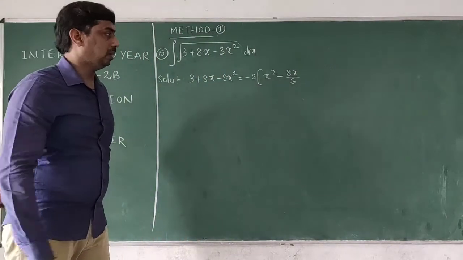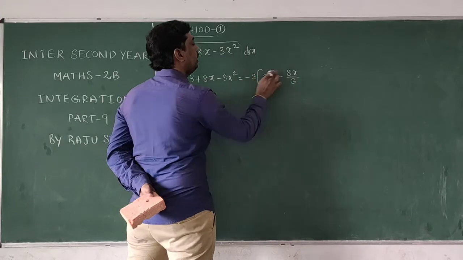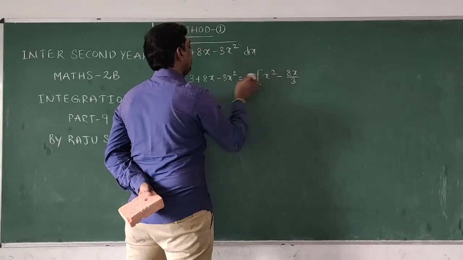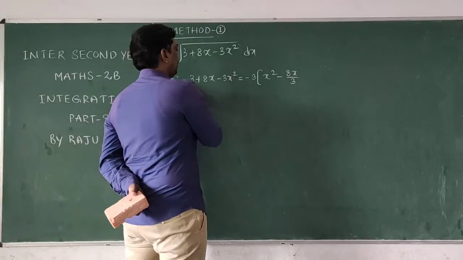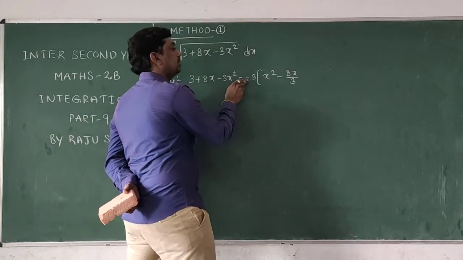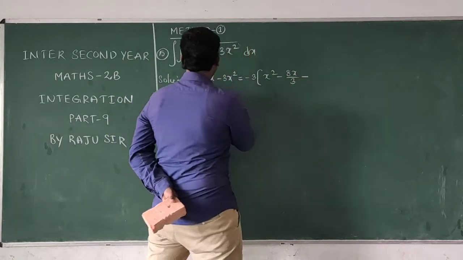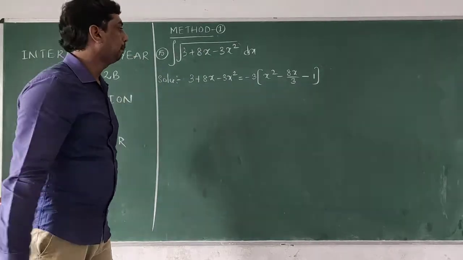If anyone has doubt, multiply: minus into minus is plus, 3 into 8 by 3, the 3 cancels, remaining 8x. We get the same value. Now finally plus 3. From plus 3 we take minus 3 common; the remaining term is minus 1.